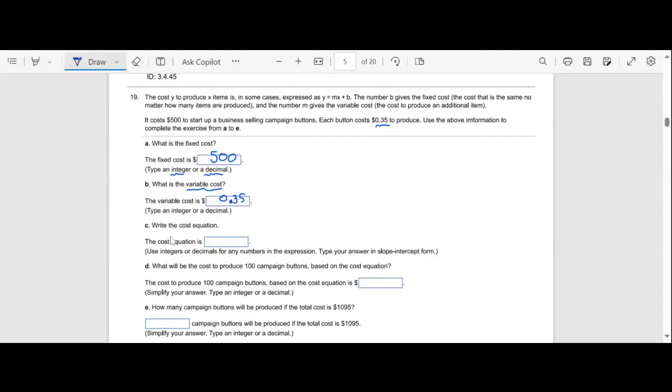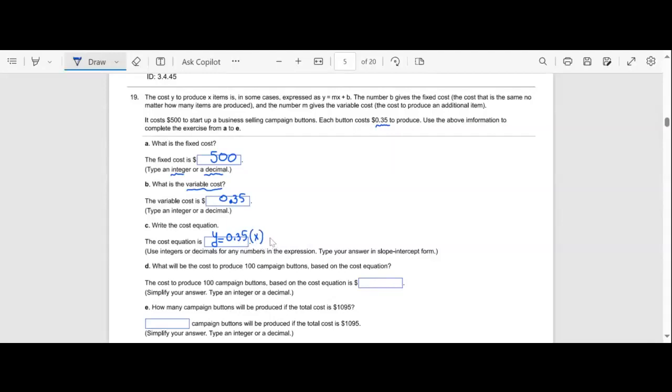C, write the cost equation. So the cost equation will involve both the fixed cost and the variable cost. The equation has to start with y equal, and how much is a button cost? 35 cents times the number of buttons.